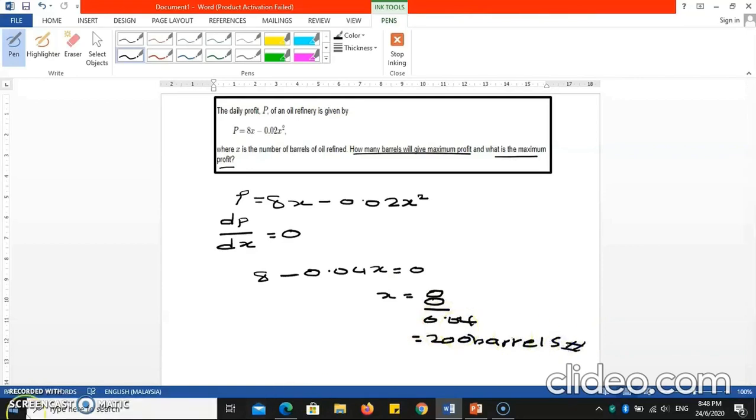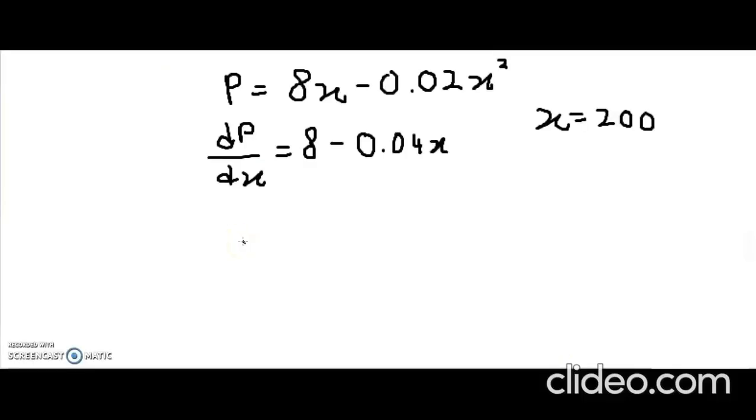Okay, to the next step, we want to know whether this point is a maximum or minimum value. So we differentiate this equation again. That is called the second derivative test.